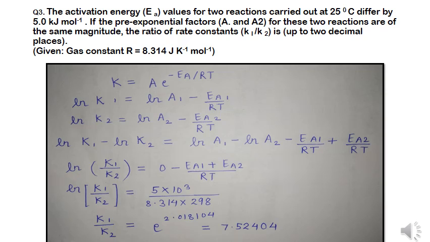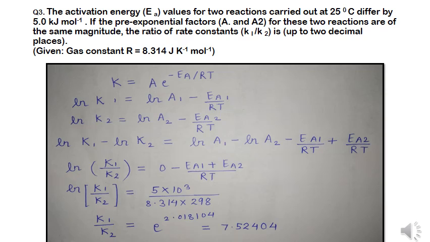Now the formula for the rate constant for any reaction is given by k, which is the rate constant, is equal to A, that is the pre-exponential factor, into e raised to minus of Ea upon RT. Ea is the activation energy. So let us put the values for individual reactions.